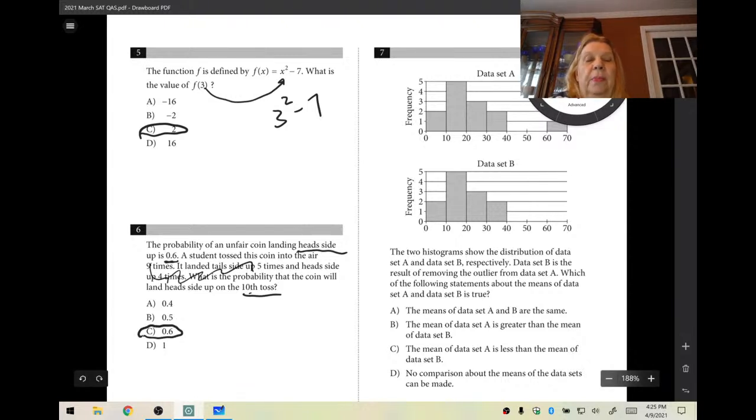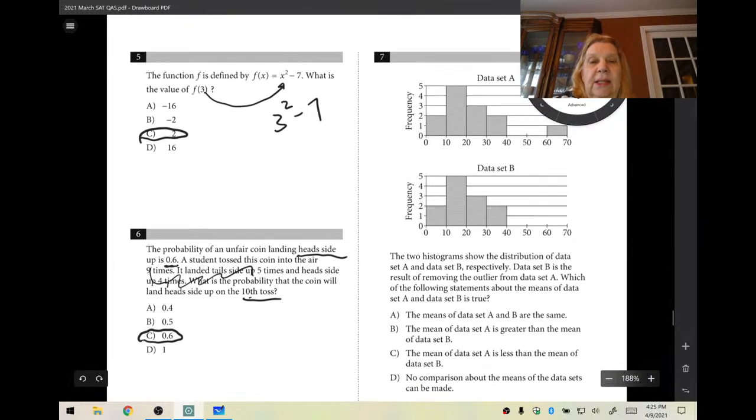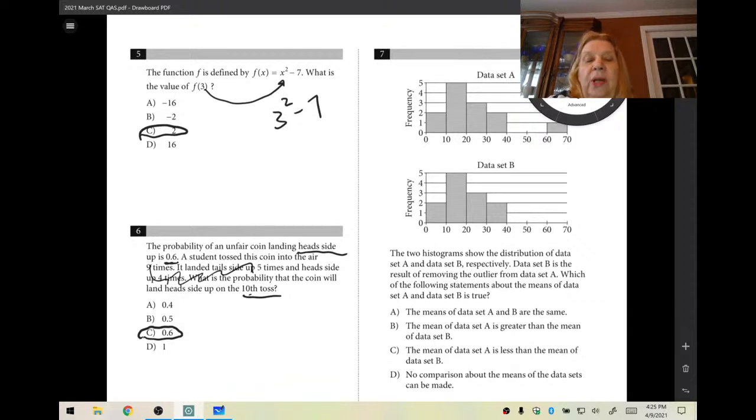You might have done probability. So this one is a statistics question. Two histograms show the distribution of data set A and data set B, respectively. Data set B is the result of removing the outlier from data set A. Which of the following is true about the means? Well, we can fly like an eagle above the question. We do not need to calculate the means.